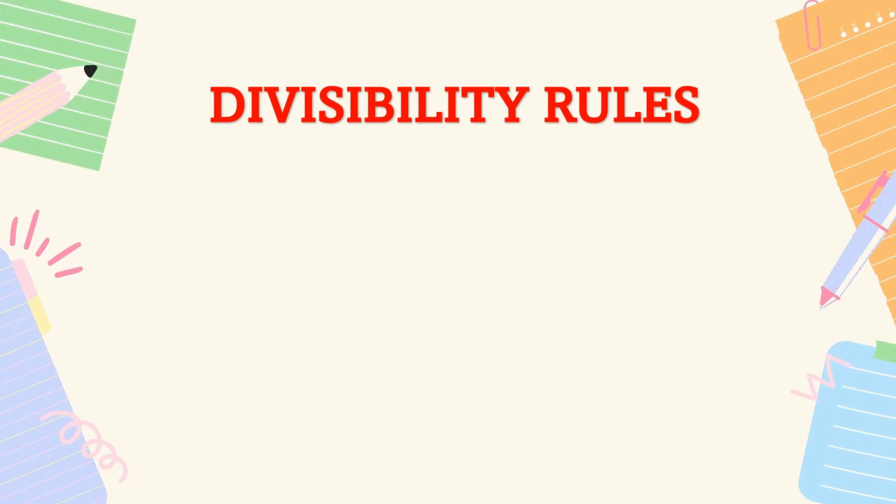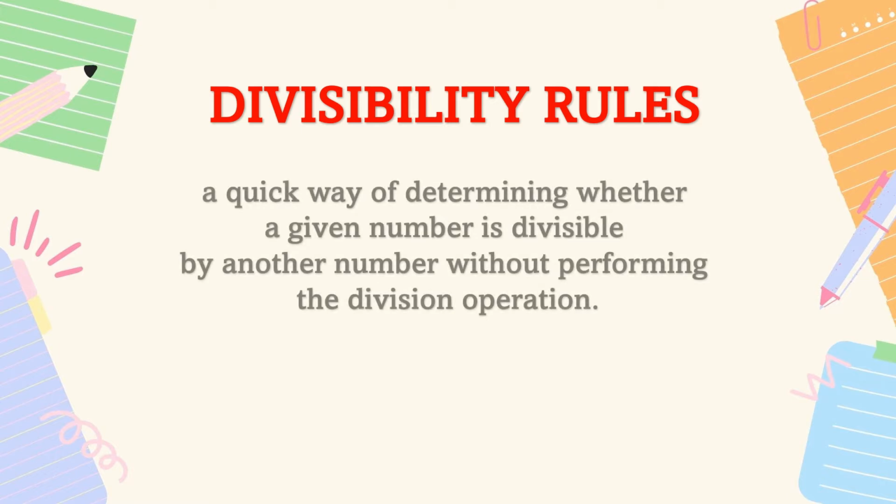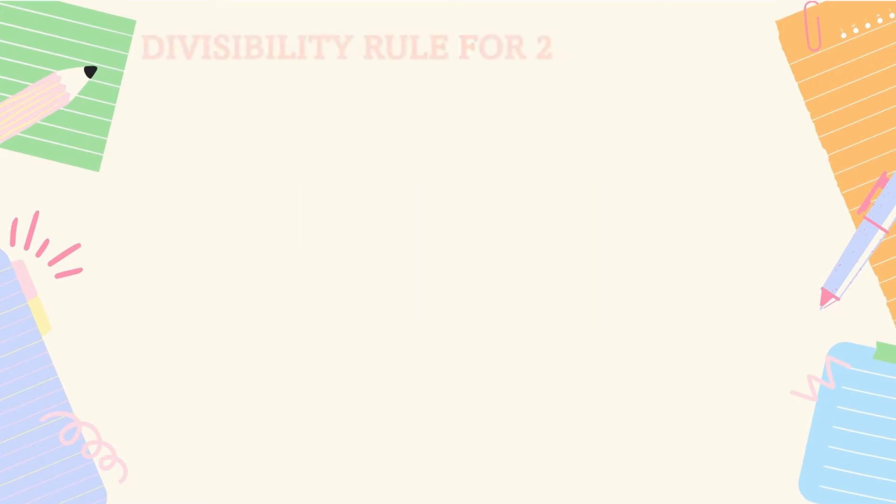That's why we are going to have a review about the divisibility rules. Again, divisibility rules is a quick way of determining whether a given number is divisible by another number without performing the division operation. Now, let's start with the divisibility rule for 2.